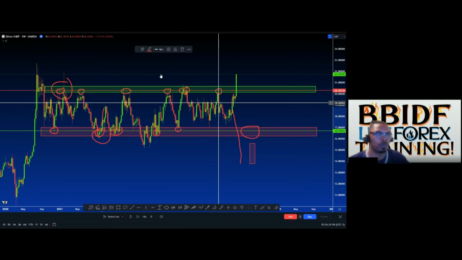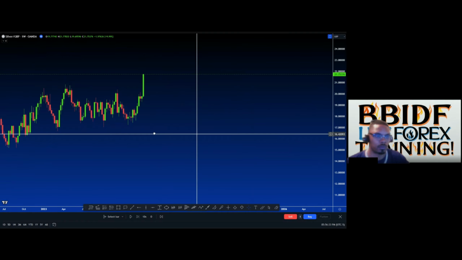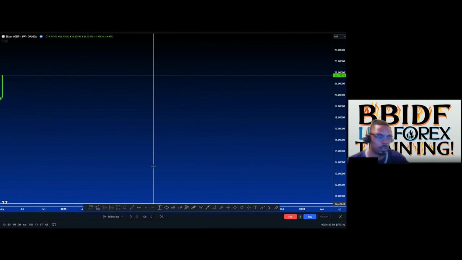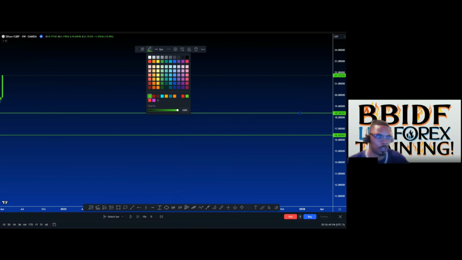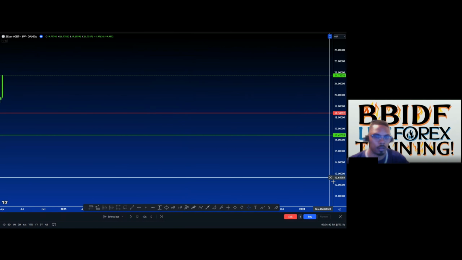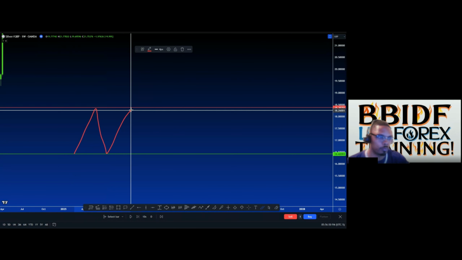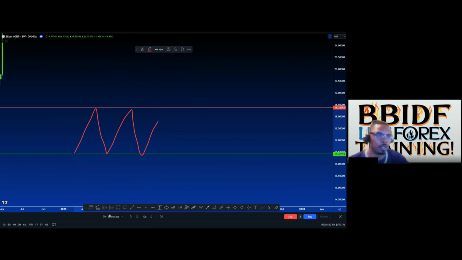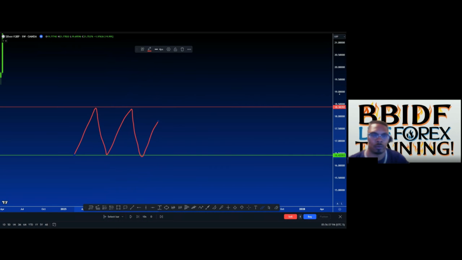All right, so I'm going to clean up the chart, and I'm going to bring you guys over here, and we're going to do a little test. All right, Row, which zone has the most touches?